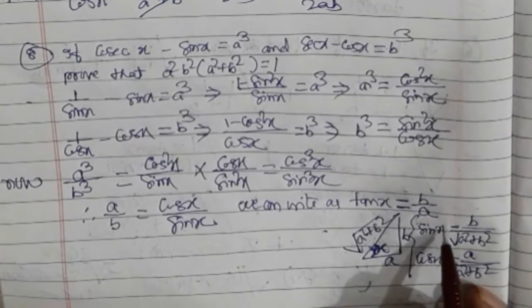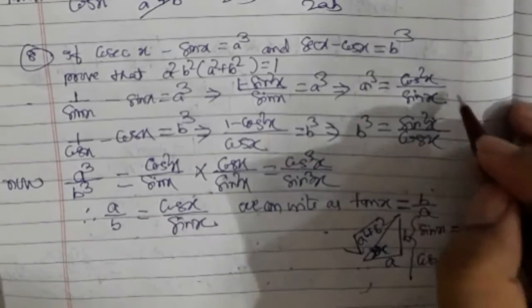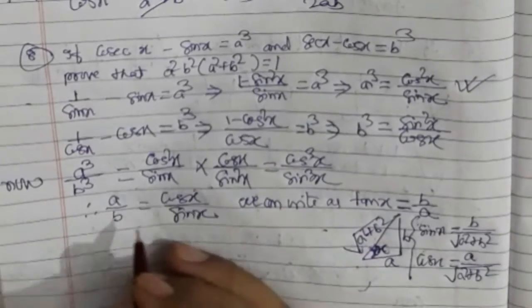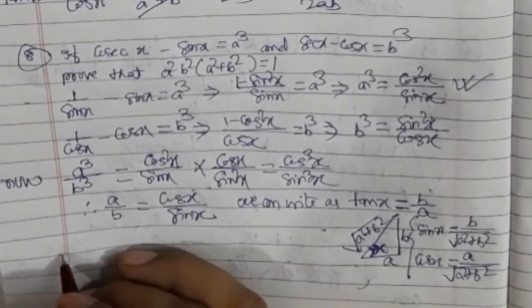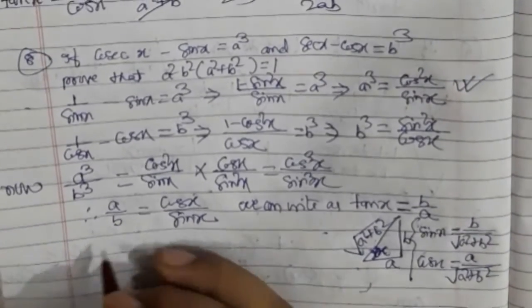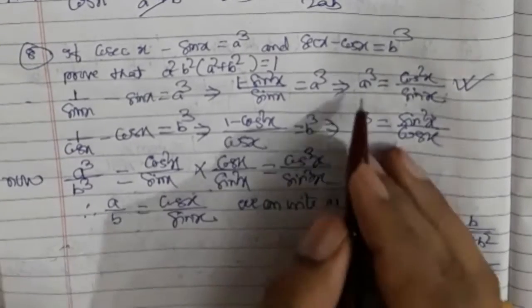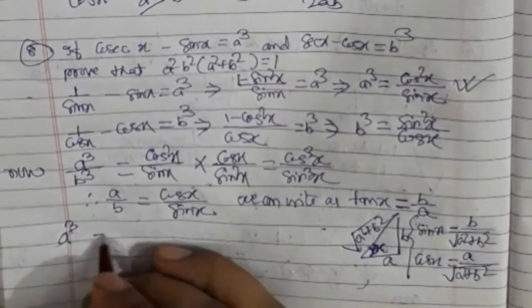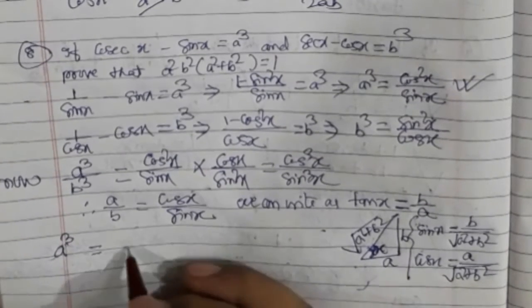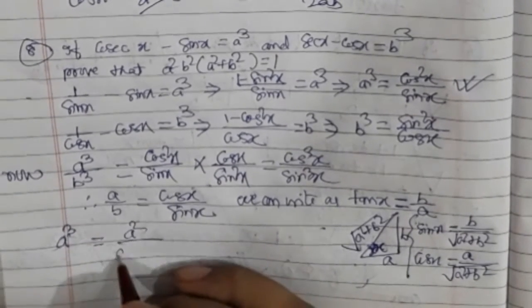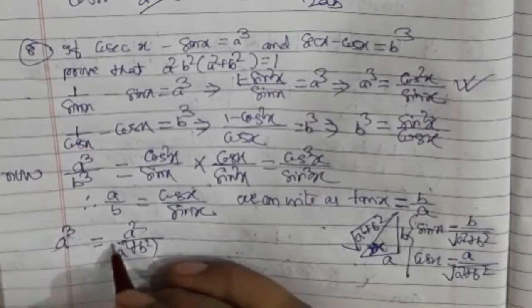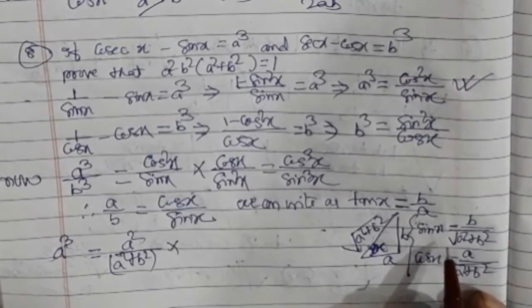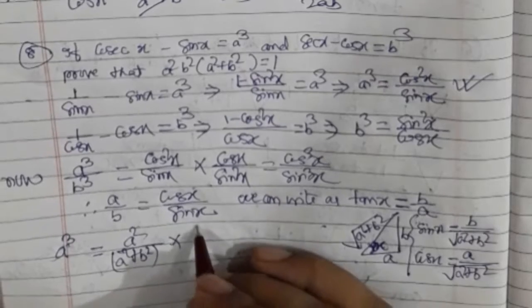Now we'll put this value here in this equation. Let's put the value of sin x and cos x here. What we will get: a cube is equal to cos square x, means a square by hypotenuse, into sin x divided by sin x is b square.